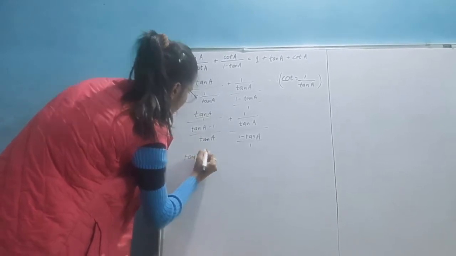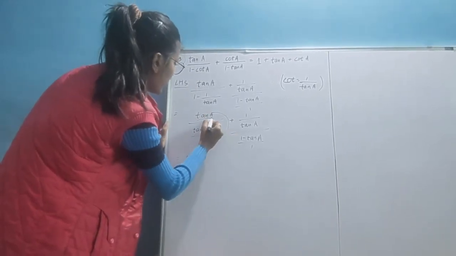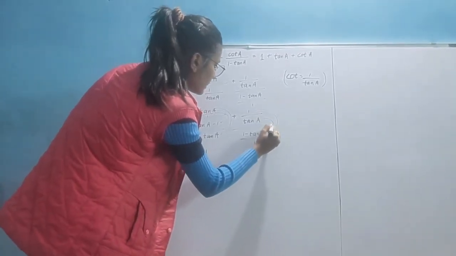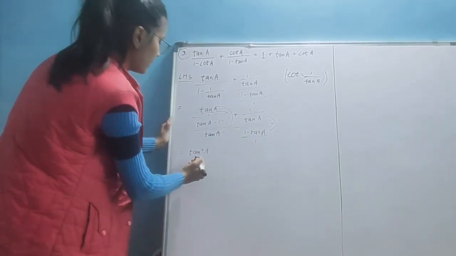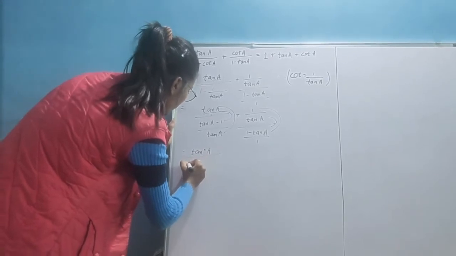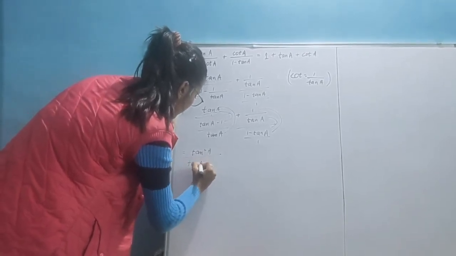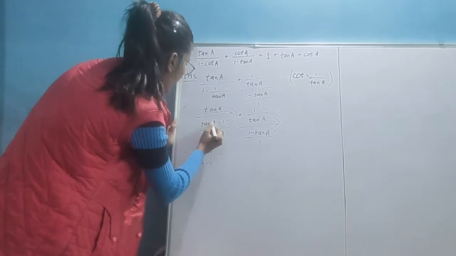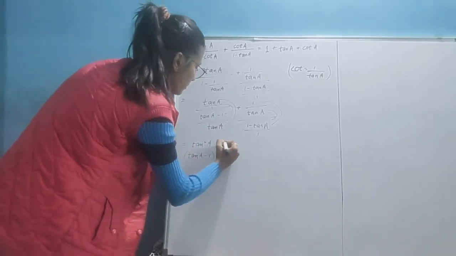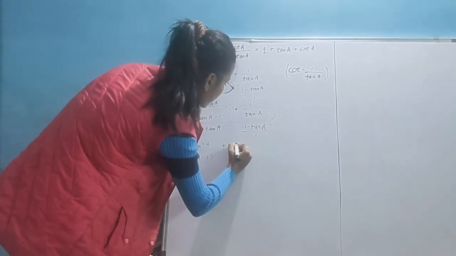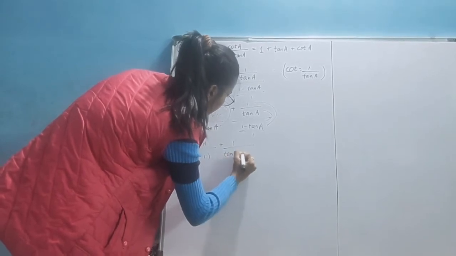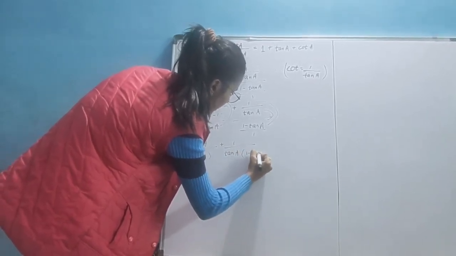The two things will be multiplied, and we will get tan square A on the numerator and tan A minus 1 as denominator, plus 1 upon tan A into 1 minus tan A.